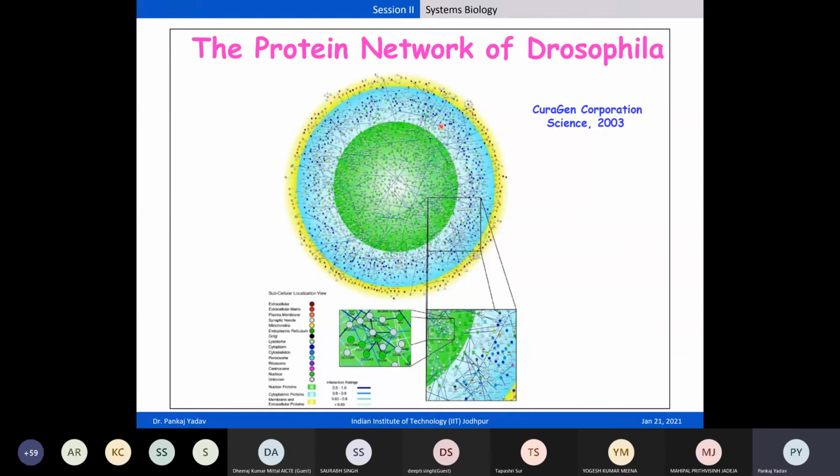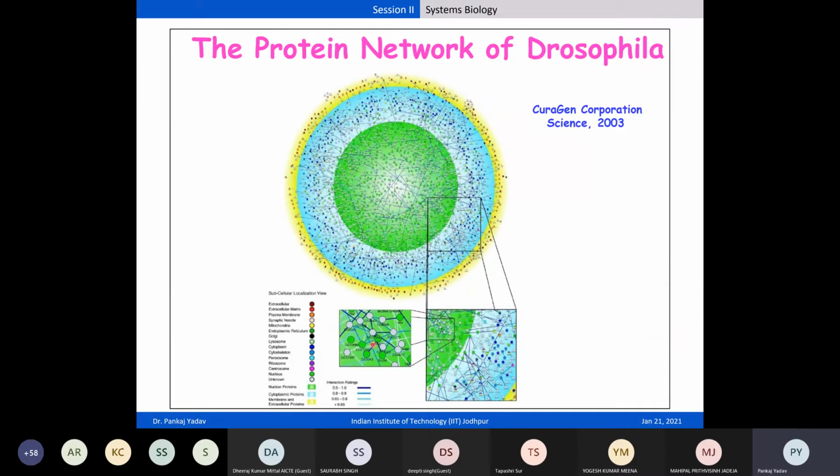You can see the complexity of this network, where there are many thousands of nodes within it. If you zoom in on these regions, you will find that many possibly interesting things are happening within them.